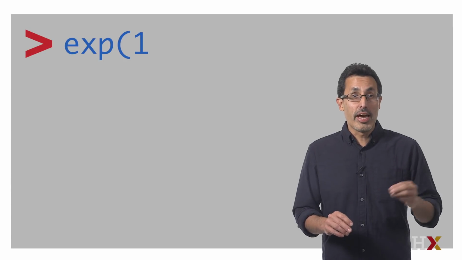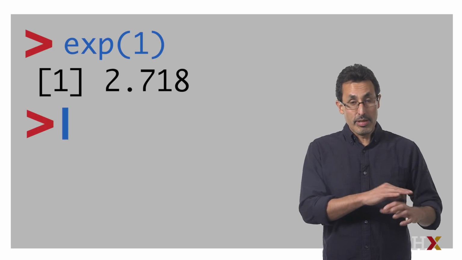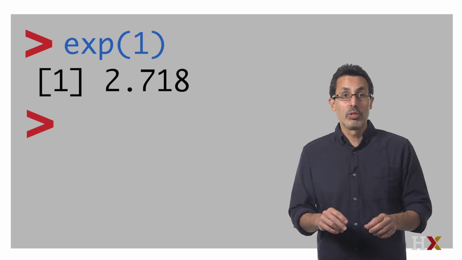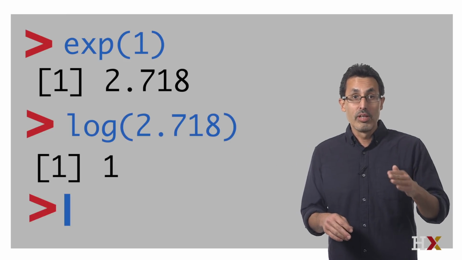In R, functions can be what we call nested. What we mean by nested is that you can call a function to get the argument that's going to be used by another function. Let's give you an example of this. If we type the function exp, which stands for exponential, with 1, we get e, the mathematical constant e, to the 1, 2.718282, and so on. If we compute the log of that number, we should get back 1.